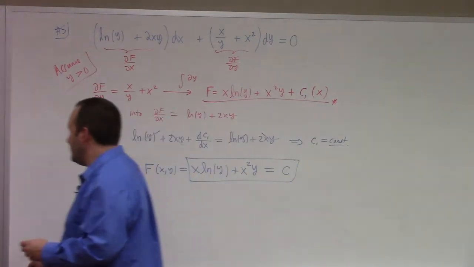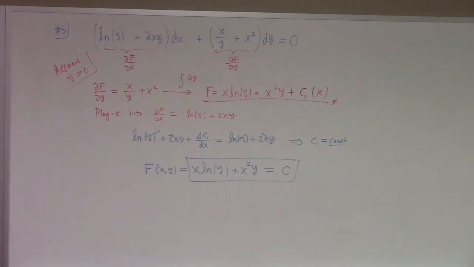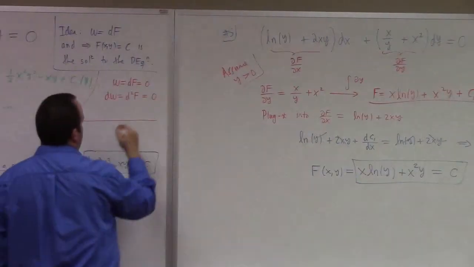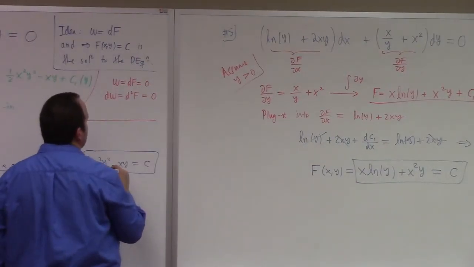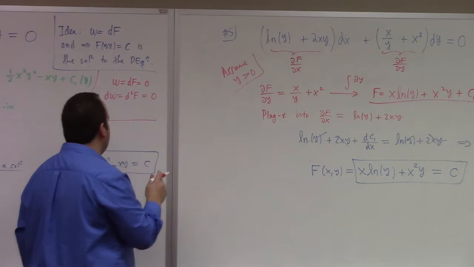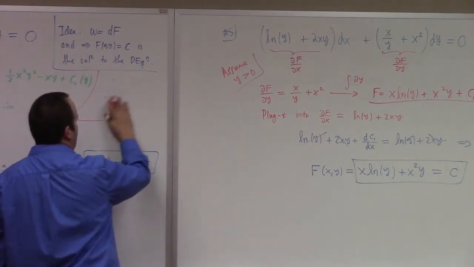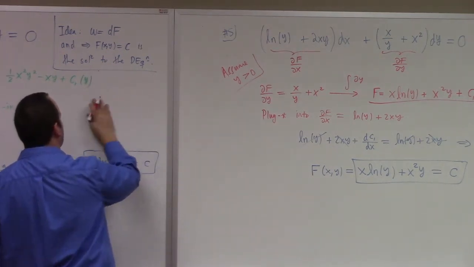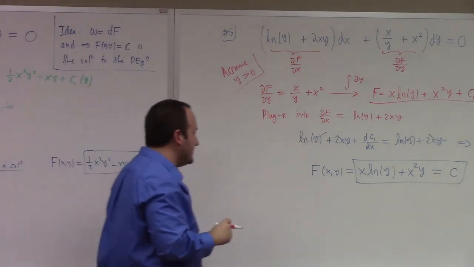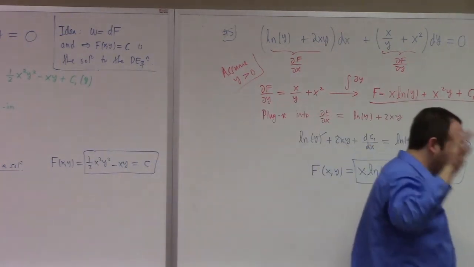I mean, if you'll allow me this, if you have omega is equal to df, which is equal to 0, then d omega is equal to d squared f, which is equal to 0. I guess it doesn't help you guys any. Let me make it go away. It never happened. Strike it from the record.